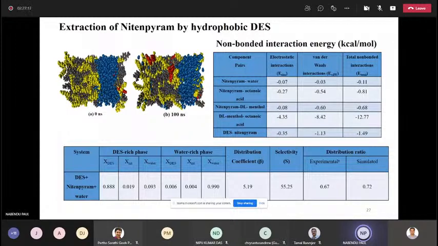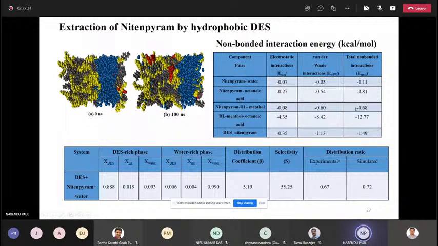We calculated the non-bonded interaction energy here also, and we found that the nitenpyram octanoic acid interaction is higher than the nitenpyram water, and the nitenpyram DL-menthol interaction is also higher than the nitenpyram water.